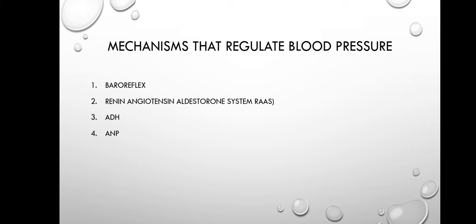But always remember, mechanisms that regulate blood pressure can be grouped into short-term mechanisms and long-term mechanisms. Short-term mechanisms are usually autonomic nervous regulated mechanisms, and they are immediate, acting within a short period of time. They regulate BP by generating nerve impulses that travel to and from the brain through the vagus nerve as well as the glossopharyngeal nerve.